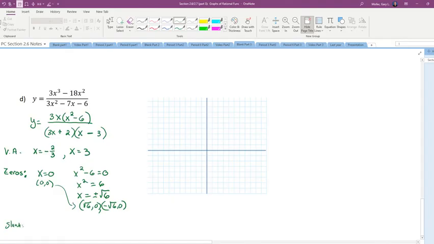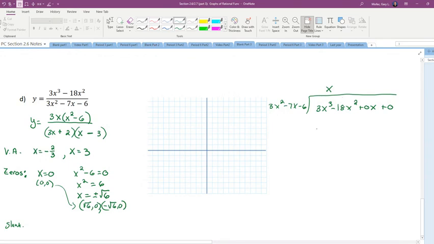Have to do long division on this one. 3x cubed minus 18x squared. I'm going to throw on a 0x and a 0 on the end in case I need them. Dividing by 3x squared minus 7x minus 6. That's going to be an x.